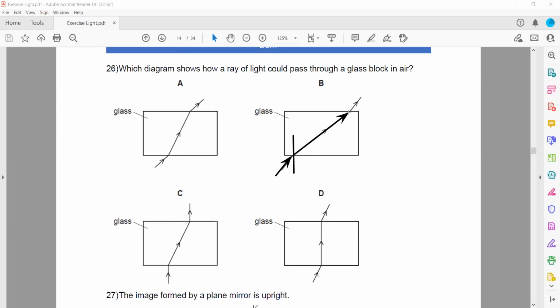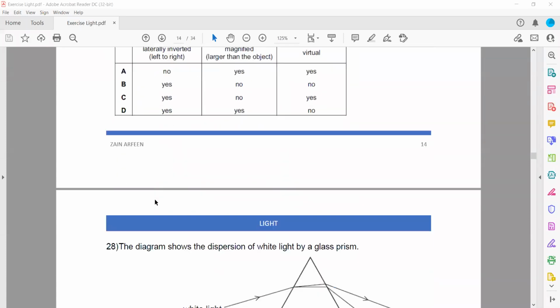But what does B show? It shows it bends away from the normal. That's why B is wrong. So whenever a ray of light is passing, it should bend towards the normal as it travels from air to glass.